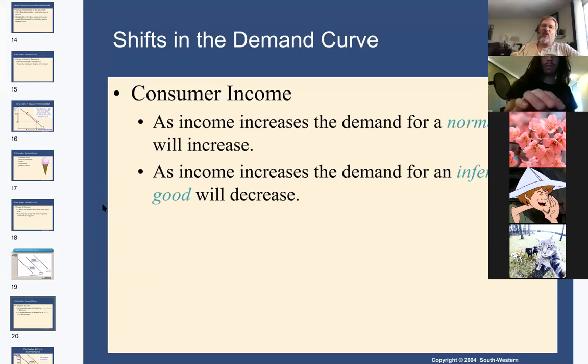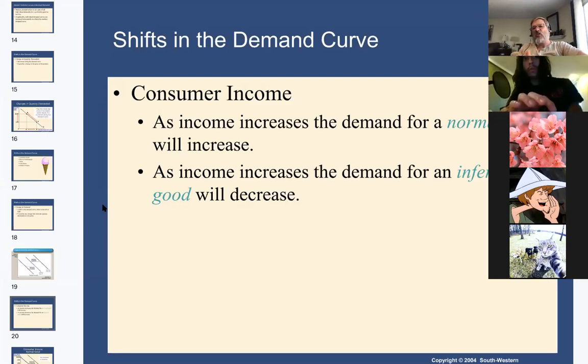Yeah. So I'll give you guys a few classic examples because I think we kind of fleshed it out. One that's often mentioned in textbooks is bus tickets. When people have less income, a lot of times they will ride the bus, and then when their income increases, they'll buy a car instead. So the demand for bus tickets tends to go down when income increases.